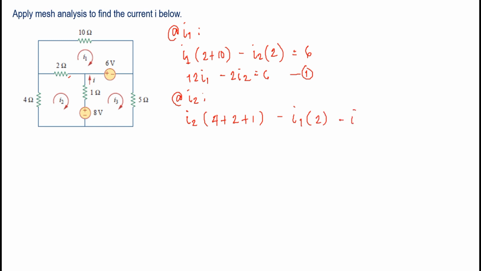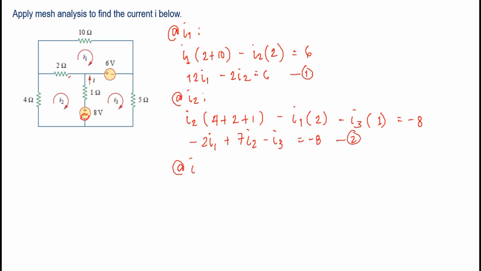Then for I3, it flows through the 1 ohm resistor too. I will delete the ohm so that they are all the same. Then equate this to all voltage sources. We have here negative 8 volts. So our equation will be negative 2I1 plus 7I2 minus I3 equal to negative 8.